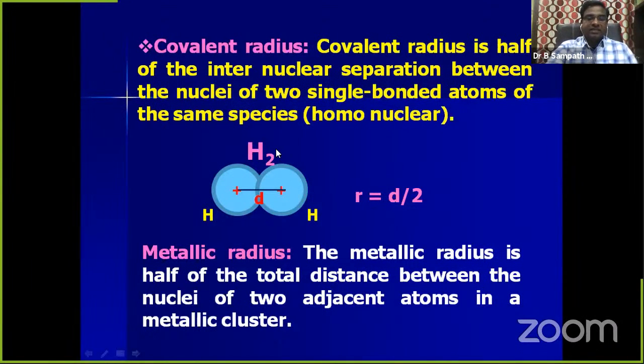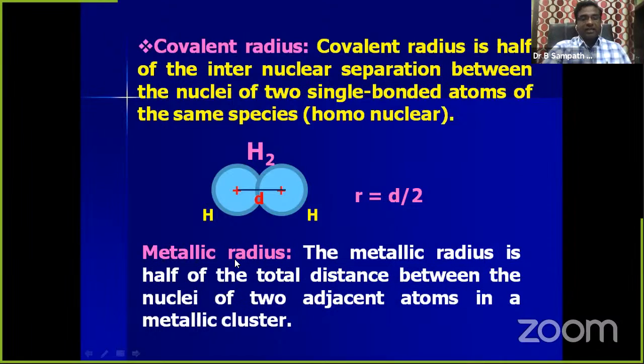See, children, this is a covalent molecule formed by two atoms, that is two hydrogen atoms, homo species. The distance between the two nuclei is d. To get the covalent radius, take half of the internuclear distance. Therefore r is equal to d by 2. Then we can get the covalent radius r.